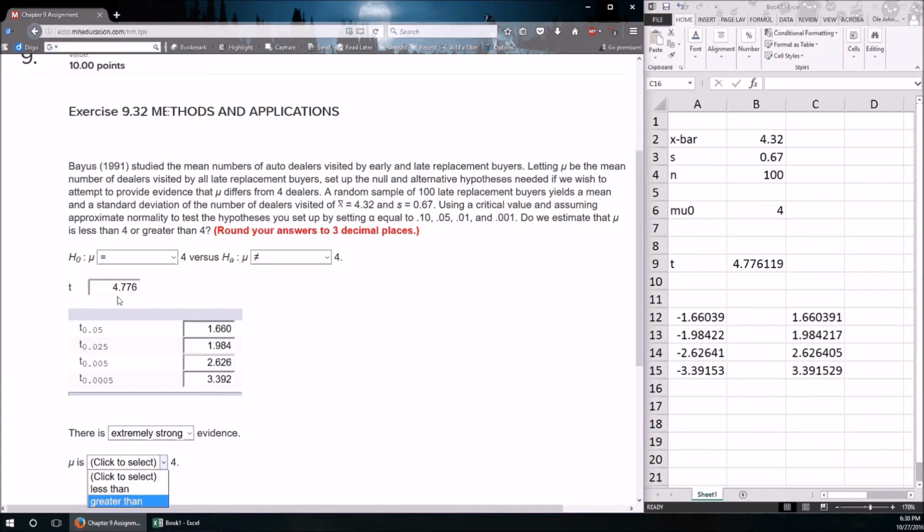That tells me greater than. Or because our sample mean is greater than 4. This part tells me that the population mean is not 4. Our sample mean is greater than 4, therefore I can conclude that the population mean is greater than 4. Still don't know what the population mean is, but I have extremely strong evidence that it's greater than 4.